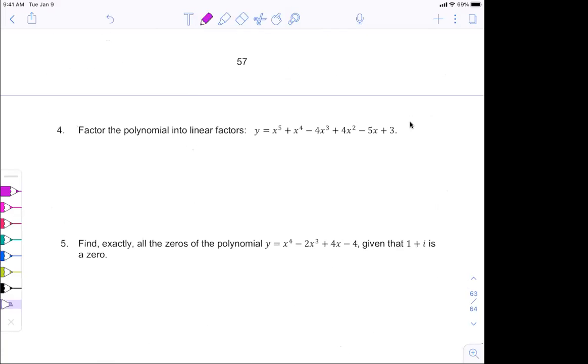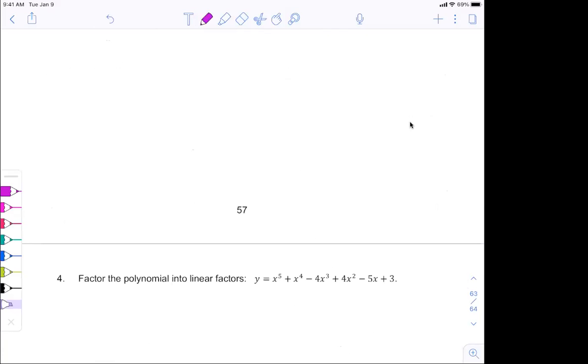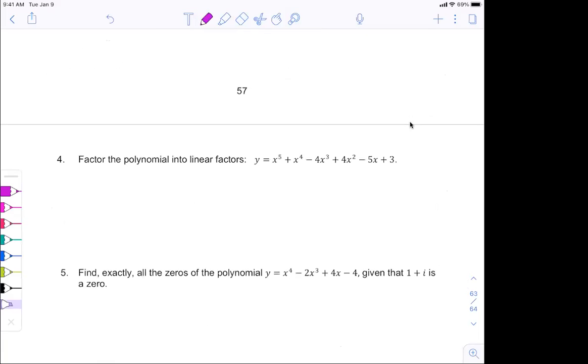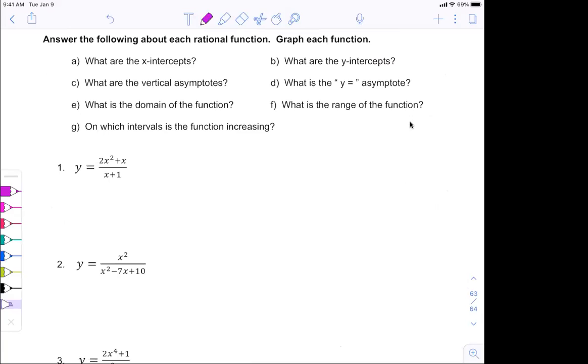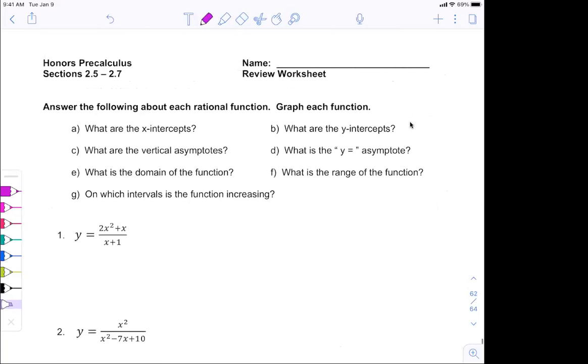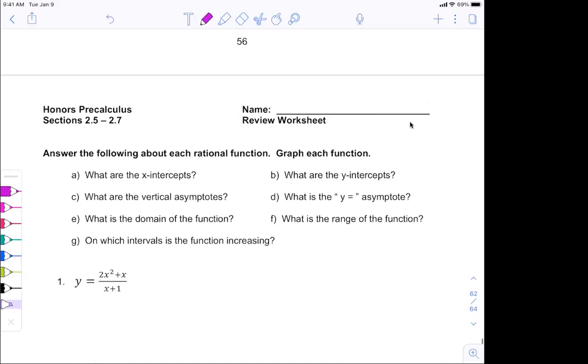And there are just 5 questions on here. The first 3 questions are dealing with the rational functions, finding the intercepts, the asymptotes, the domain, the range, all the questions we've been working on. So this is posted on Google Classroom.